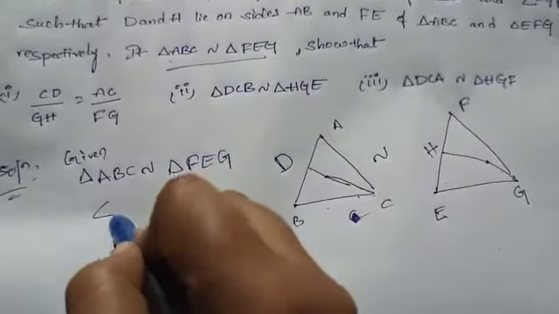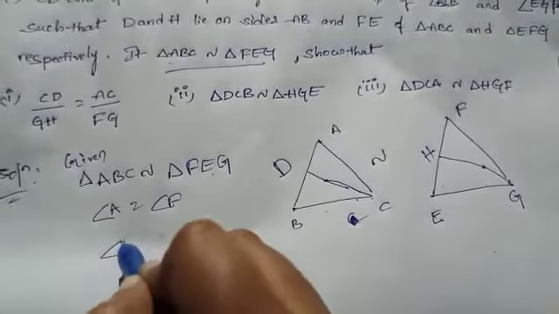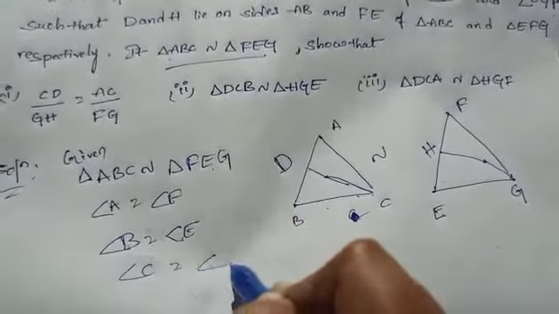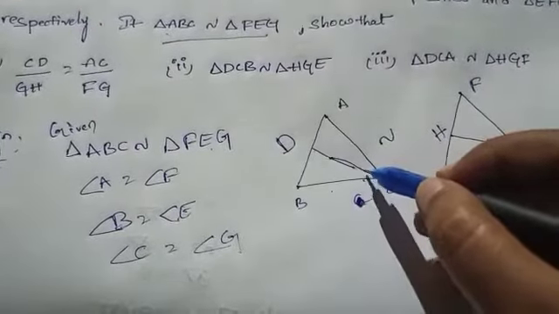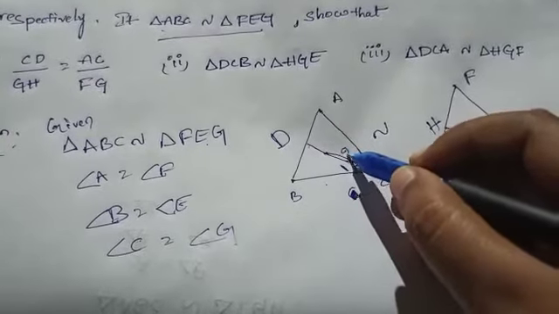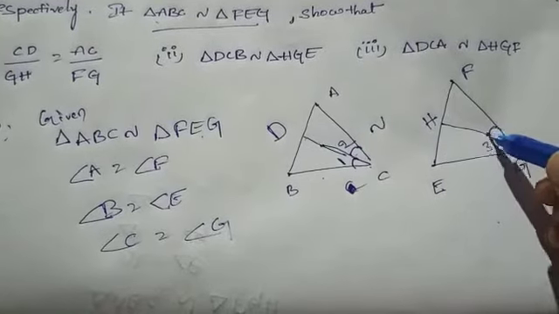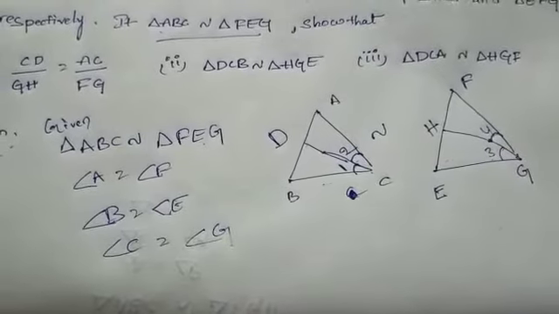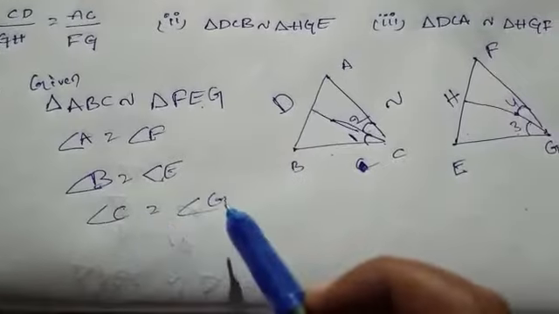Here angle A equals angle F, angle B equals angle E, and angle C equals angle G. See, here this is angle 1 and this is angle 2. This is angle 3 and here is angle 4. Here angle C equals angle G.